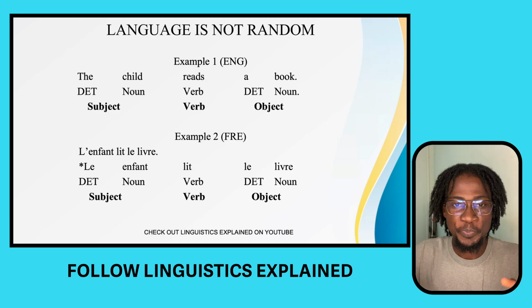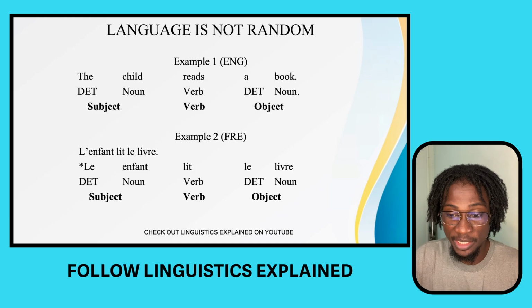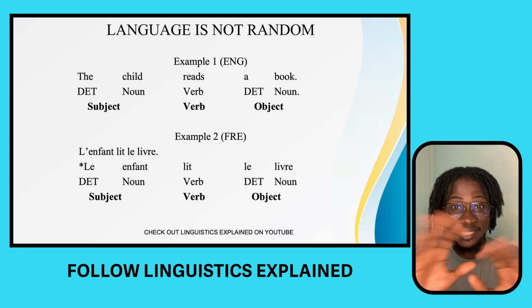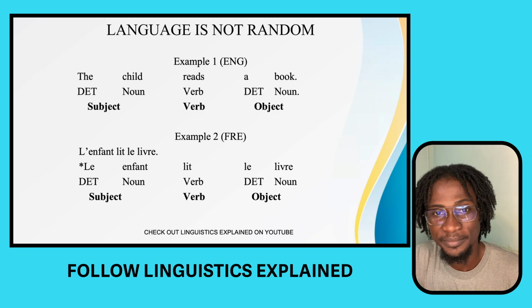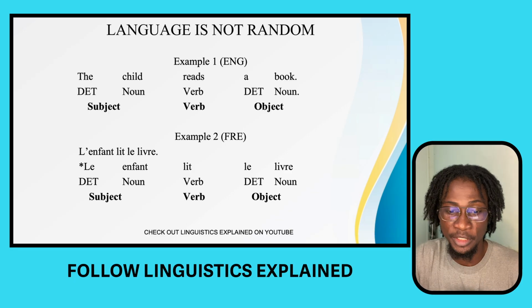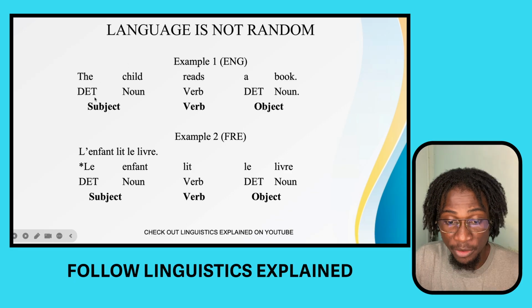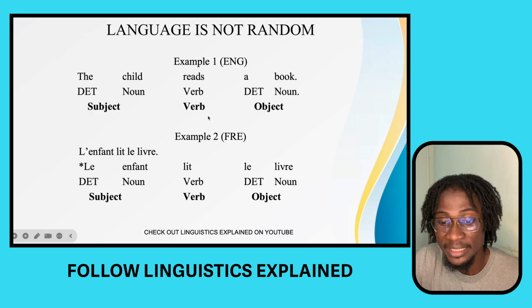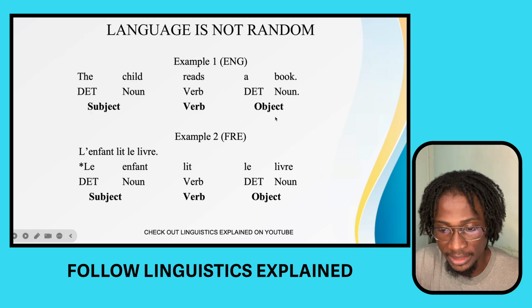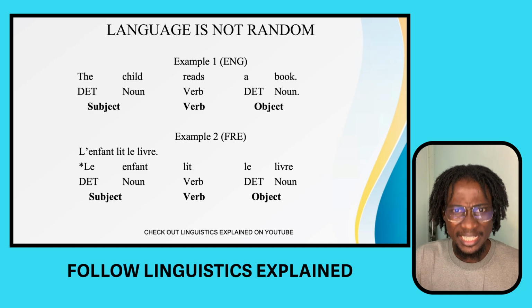So we have two examples here, one in English and one in French, saying the same thing: the child reads a book. What do they have in common? We can all see, if you follow the arrow, that they have a subject, a verb, and an object. Now look at the patterning.